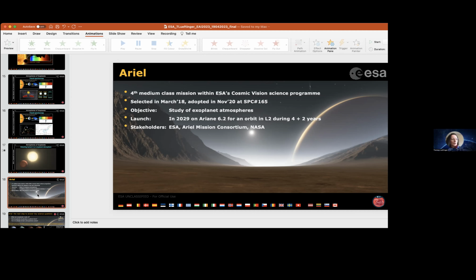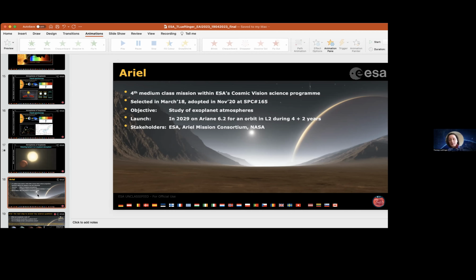And Ariel, just for the basics, the cornerstone information: it's the 4th medium class mission within ESA's Cosmic Vision Science Program. It was selected in March 2018, then adopted in November 2020 at the SPC number 165. That's the Science Program Committee that ESA calls to get missions adopted or not.